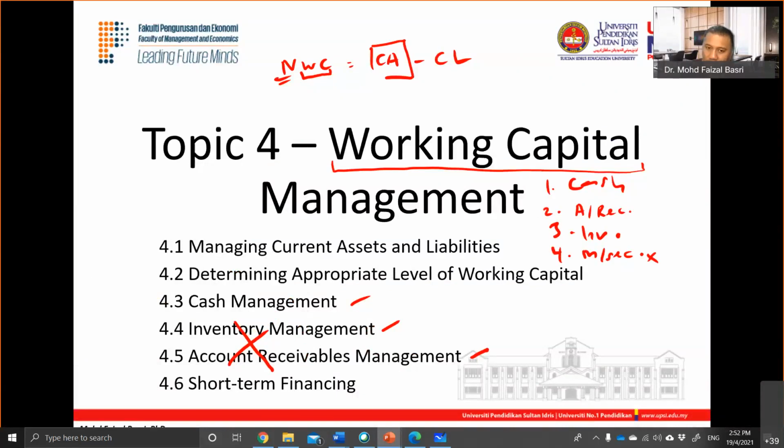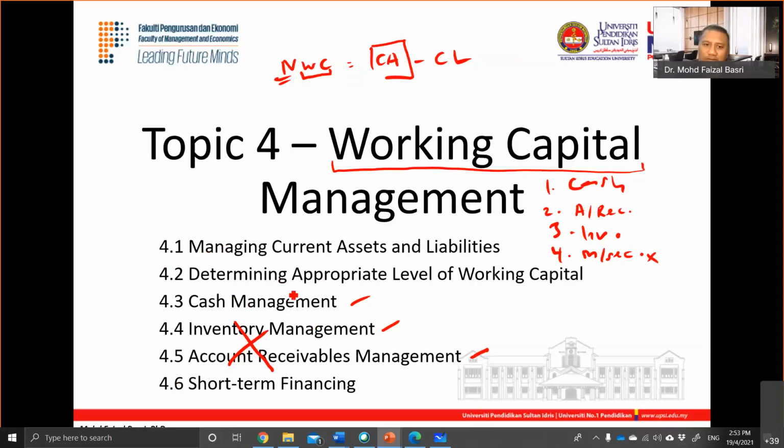I dah bagi komen for increment tapi dia orang tak buat. So you guys lucky lah, we don't have to learn these 2. Okay, so for today, what we are going to do is basically from 4.1, 4.2, and 4.3, and then we go straight to 4.6. Kalau sempat everything today lah.